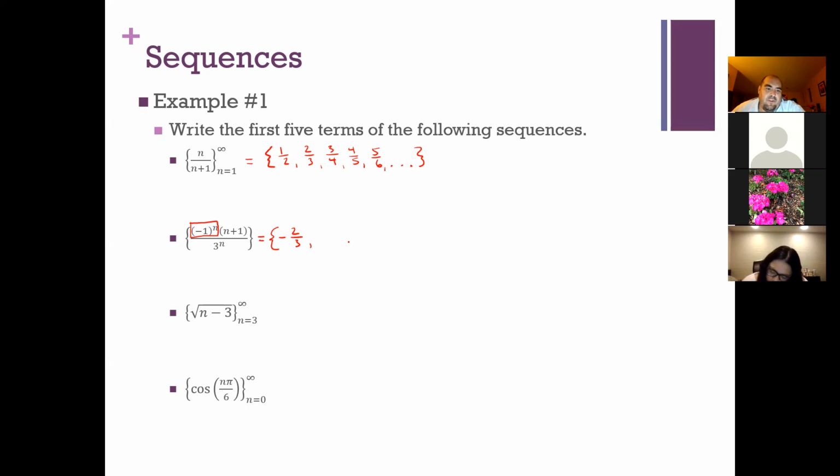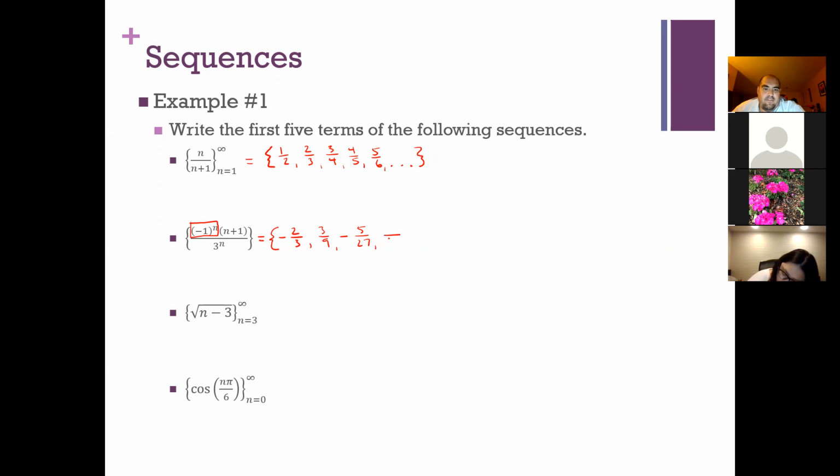The second term is going to be positive, specifically. I'm going to write it unsimplified just to show its pattern, but 3/9. Then the third term will be negative, -5/27.